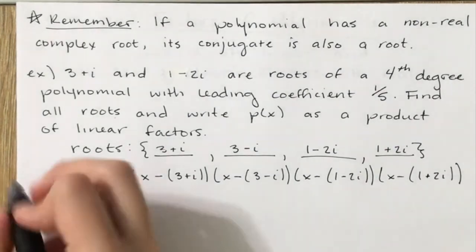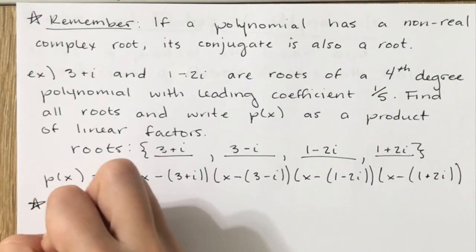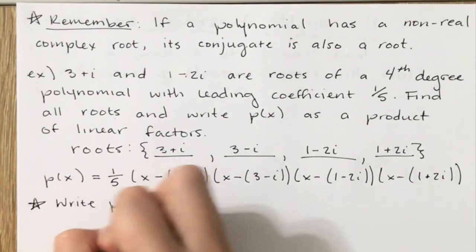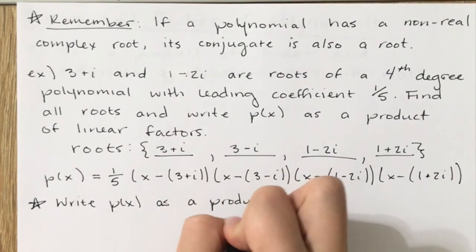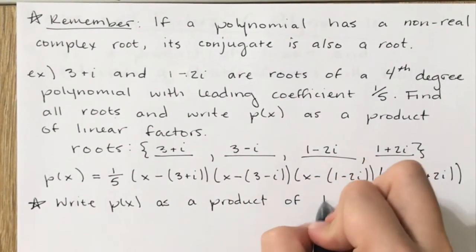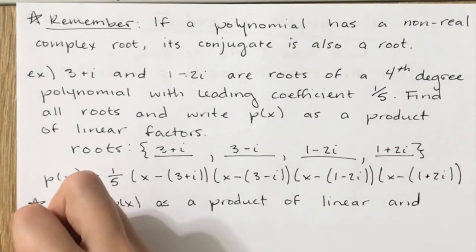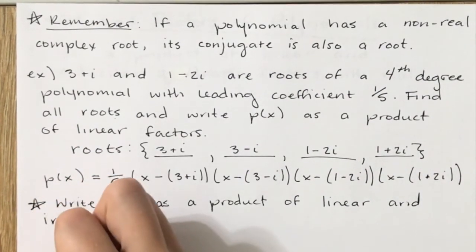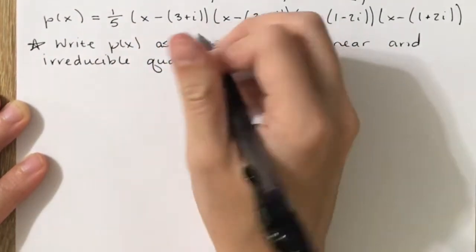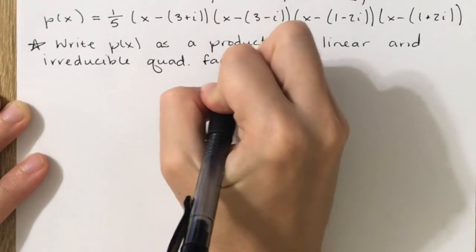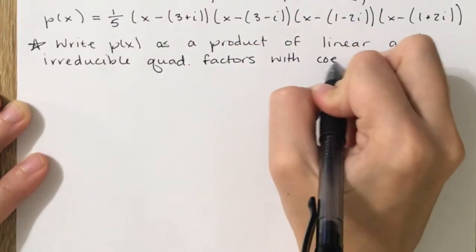Okay, what if the problem also asked us to write P of x as a product of linear and irreducible quadratic factors with real coefficients?